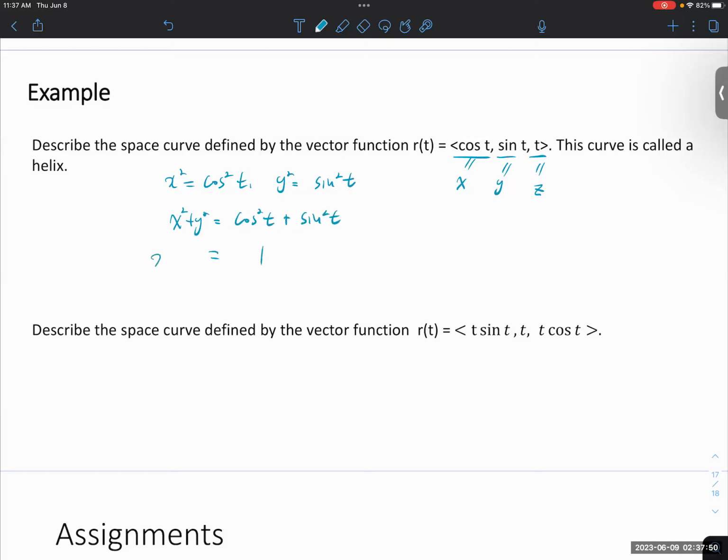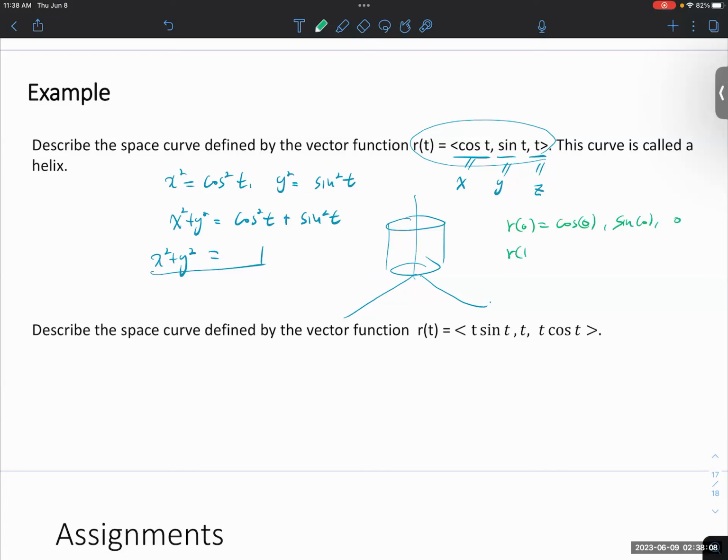So this is 1. So we found out this is a cylinder. This is a cylinder where z is open. And then if you really point out all, like r(0), cosine 0, sine 0, 0, r(1), cosine 1, sine 1, you're going to collect all the ones.